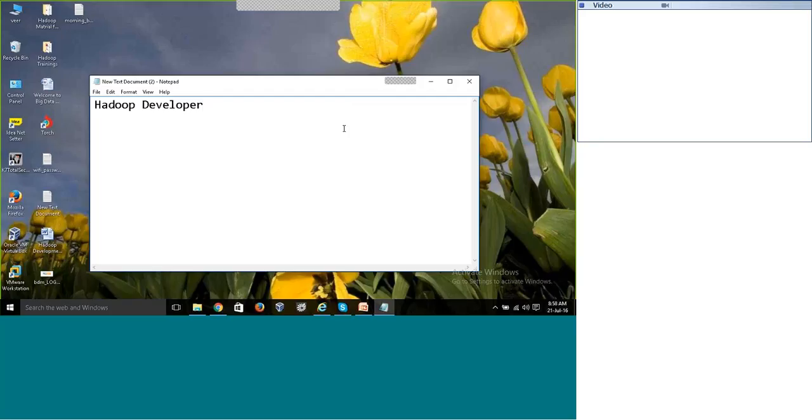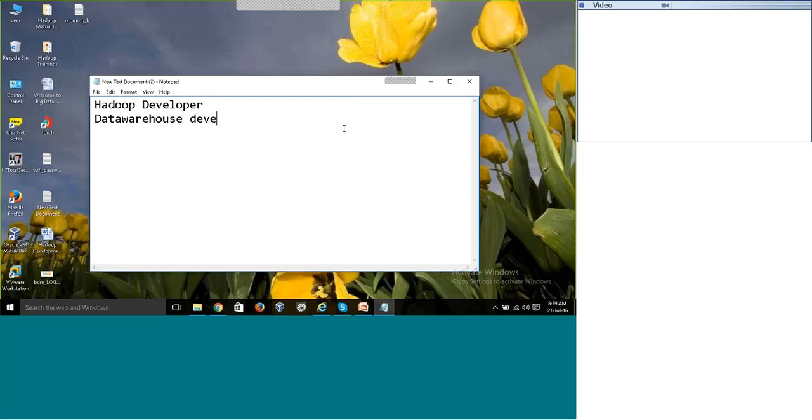All these languages can be used to write your MapReduce algorithms. Spark uses another language called Scala also. Right now in Spark you can use Scala, Python, Java, and R. So if you have any programming knowledge, you can get into a Hadoop developer role. And then data warehouse developer.